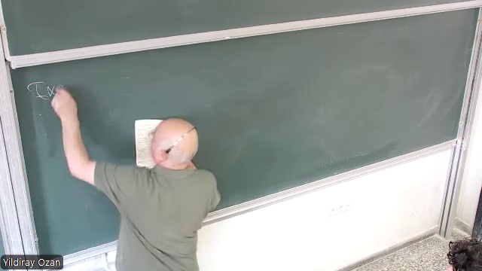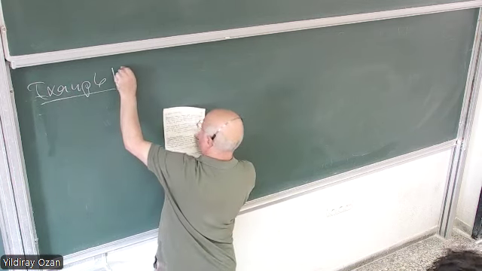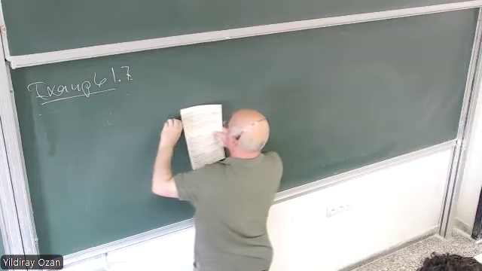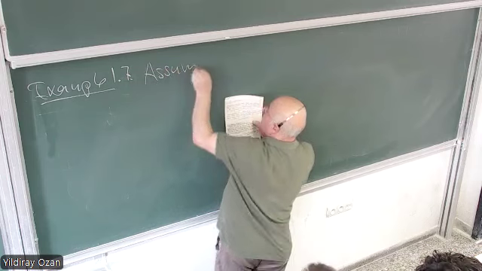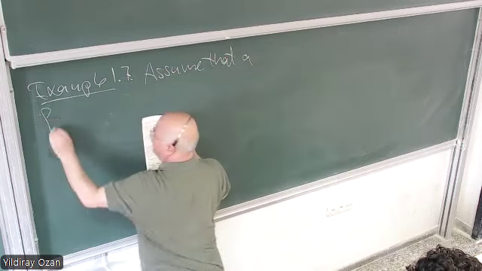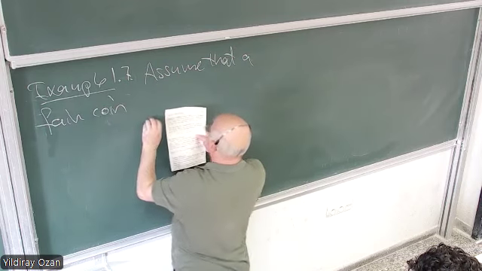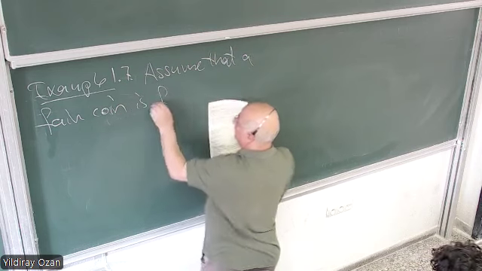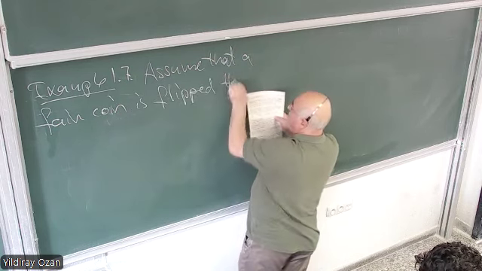This time, we assume that this is 1.7. Assume that a fair coin is flipped 3 times.